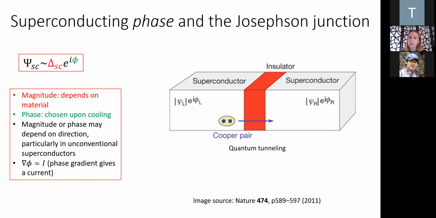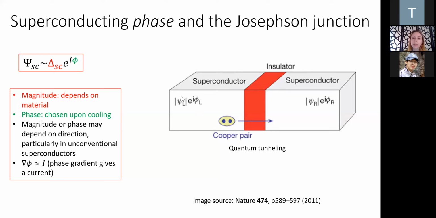Okay, so let me contextualize all of this with this drawing, which illustrates a Josephson junction. A Josephson junction is where you have a superconductor interrupted by some non-superconducting material, typically an insulator of some sort.